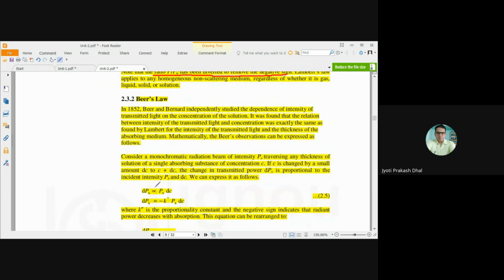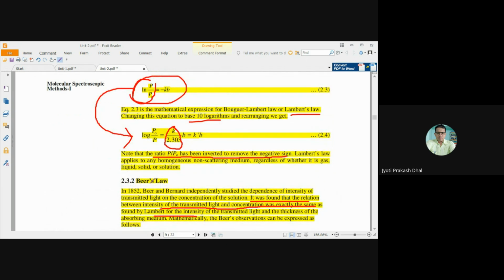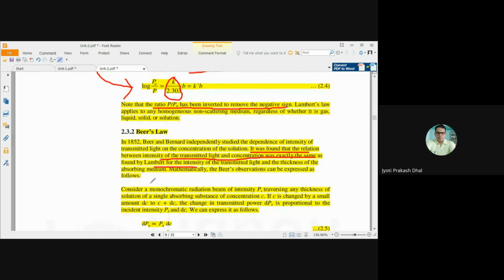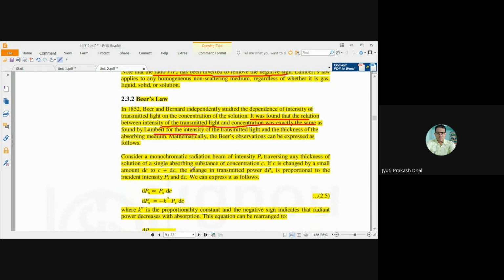Now coming to Beer's law. It is found that the relationship between intensity of transmitted light and concentration was exactly the same as found in Lambert's law. In Lambert's law, it is observed the relationship between the transmitted light and thickness of the medium, and here in Beer's law, the transmitted light and the concentration of the medium.